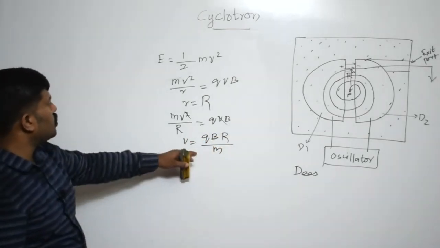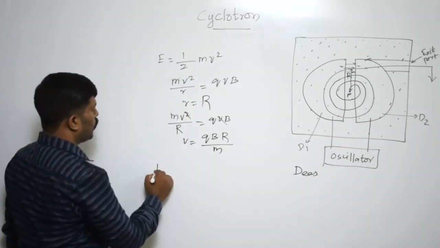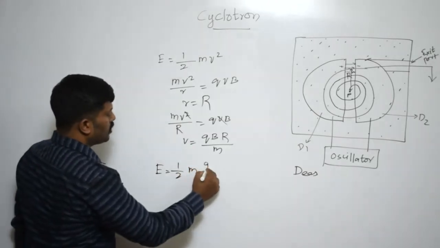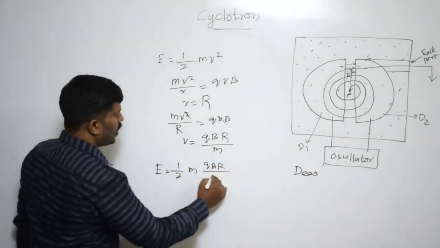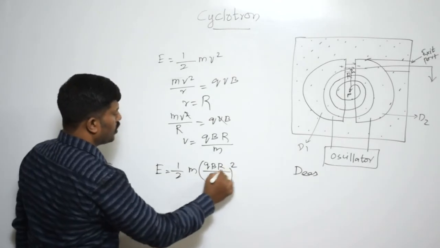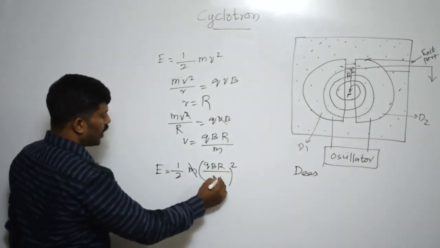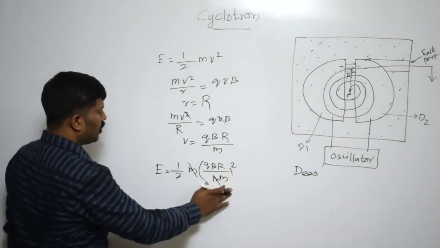Now if you substitute this V in the energy equation, you will get half into M into V², so V² means QBR divided by M the whole square. So one M and M will get cancelled. Again you have one M here.